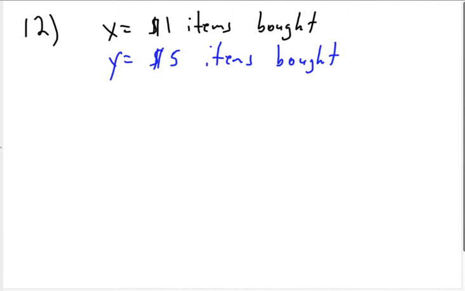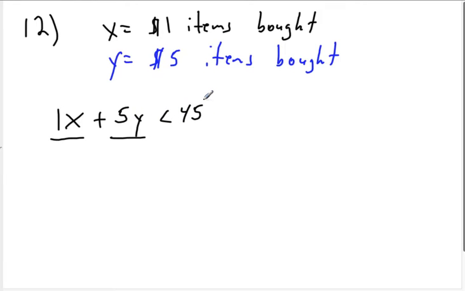So if you buy some amount of $1 items plus some amount of $5 items, so technically you could say 1x, so the amount that the item costs times the amount you bought, that's the price for $1 items, and then 5 times the amount of $5 items bought is the price for $5 items, and the total is less than 45. Okay, let's make that a less than, oops. So that is less than 45 bucks.